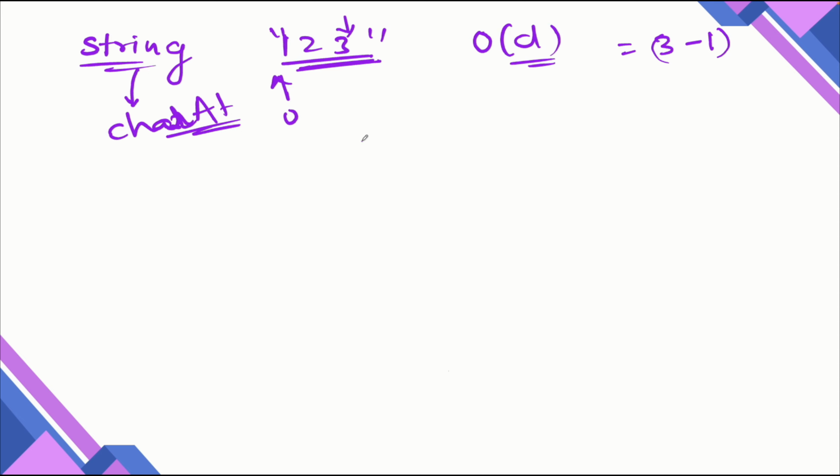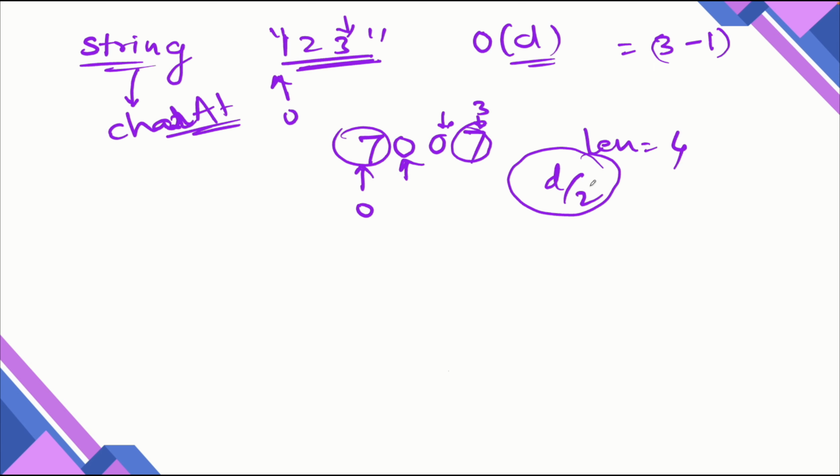Same with 7007: the length will be 4, so this guy's index will be 3 and this guy's will be 0. You will keep on matching, and once it matches, you will move this guy and this guy. So after the first pass, you are just doing d by 2 times, the traversal, half. That's how it will be.